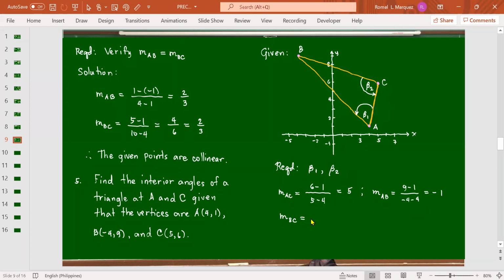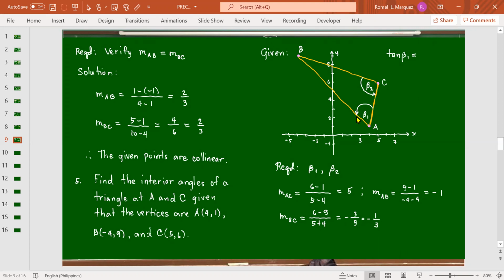What about the slope of BC? 6 minus 9 all over 5 minus negative 4. Okay, is it negative 1/3, sir? 3 over 9 and that is negative 1/3. Get it, guys? So how to form the formula for tangent of beta 1?